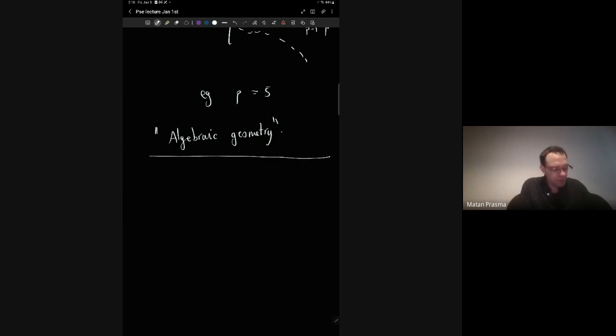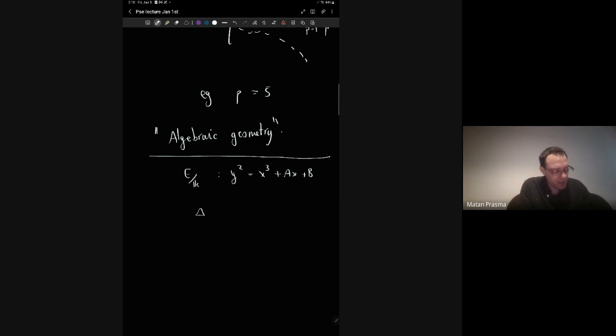So remember, we have the typical equation y squared equals x cubed plus ax plus b.